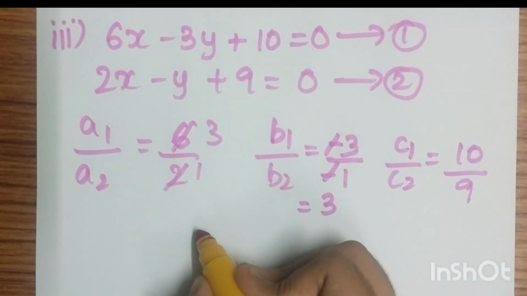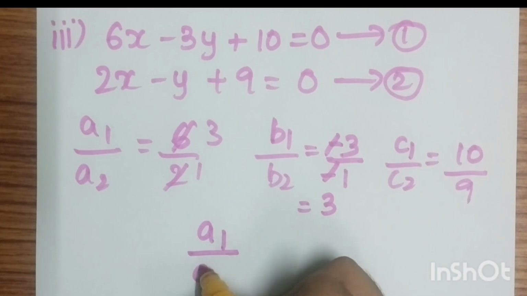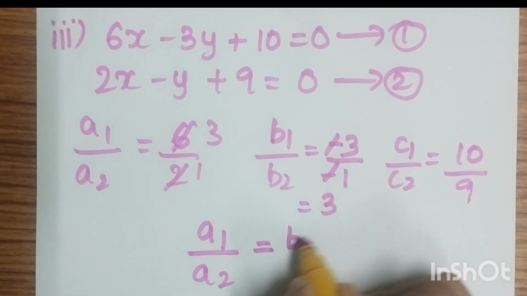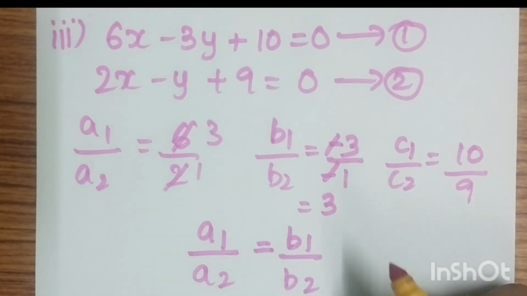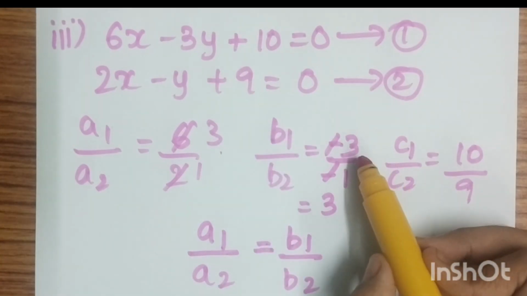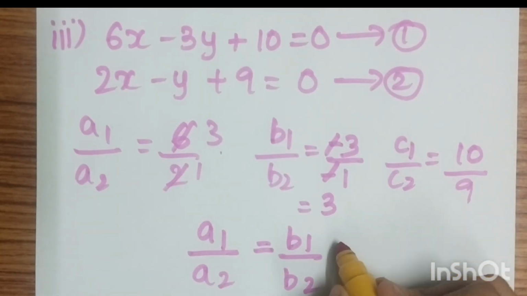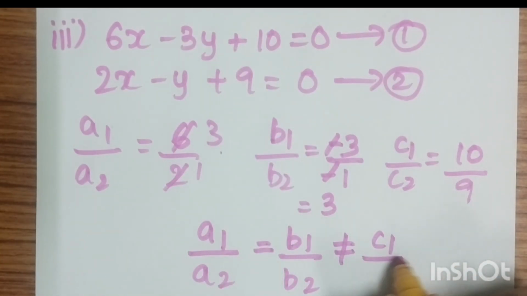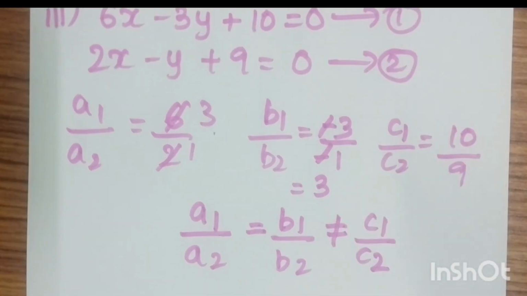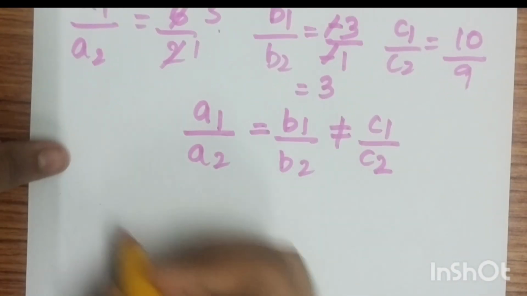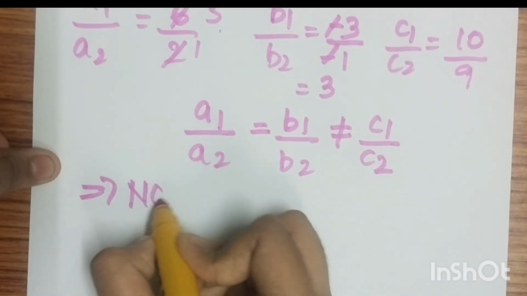So here also we can say a1 by a2 is equal to b1 by b2, but it is not equal to c1 by c2. So it is our previous sum case, right? So we can write no solution.